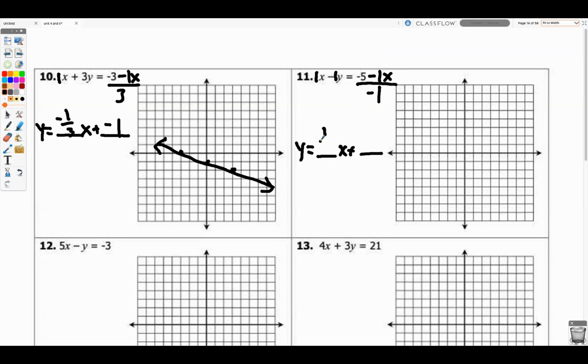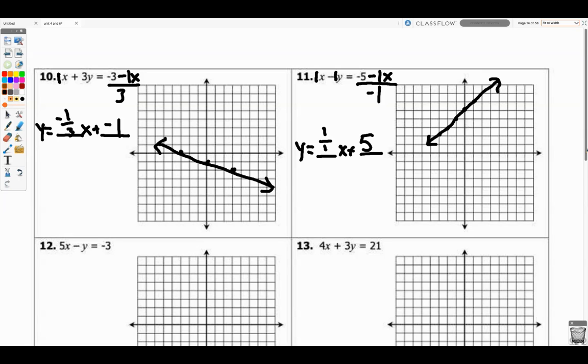So rise 1, run 1. And then negative 5 divided by negative 1 is a positive 5. 1, 2, 3, 4, 5. And then up 1, right 1. So it's a positive slope. The guy's walking up. Two points make a line, but I can't eyeball it. There we go. Okay.